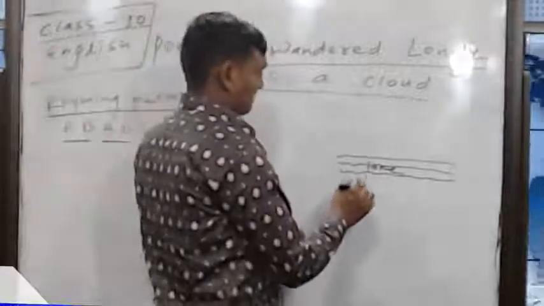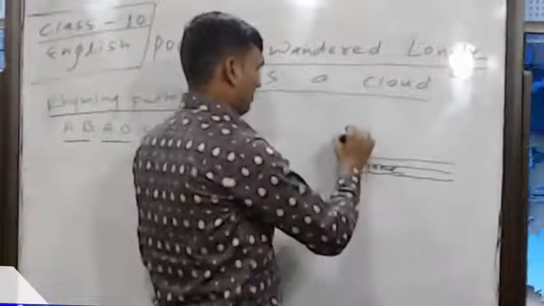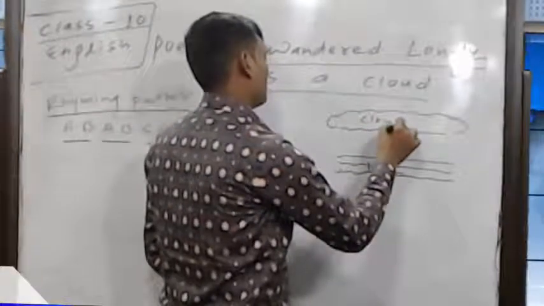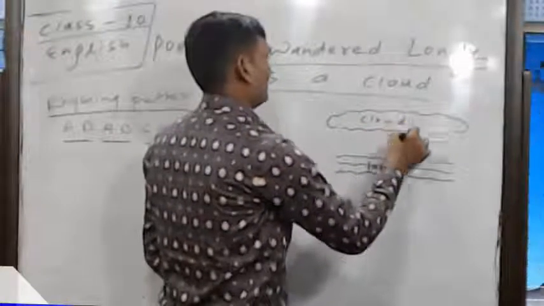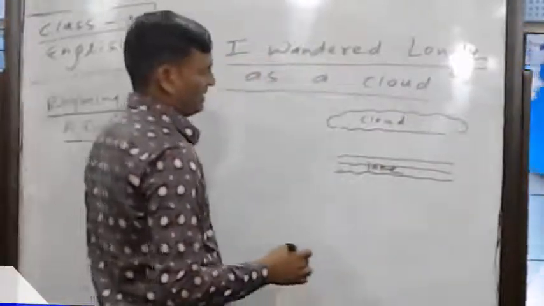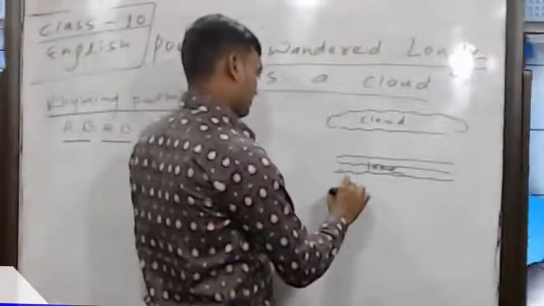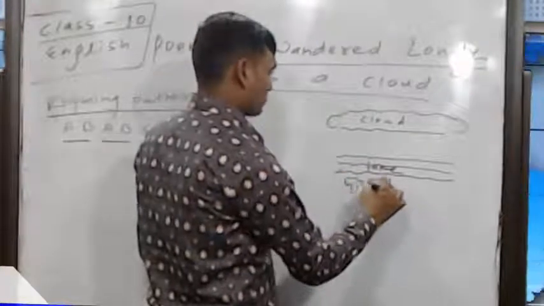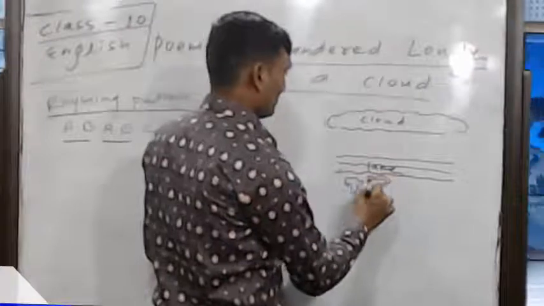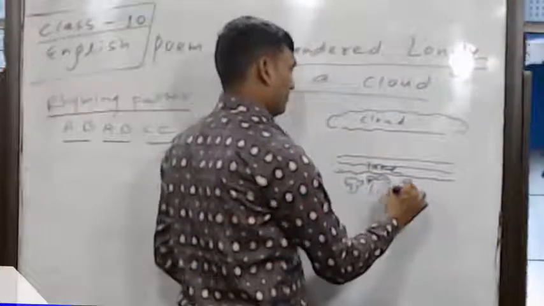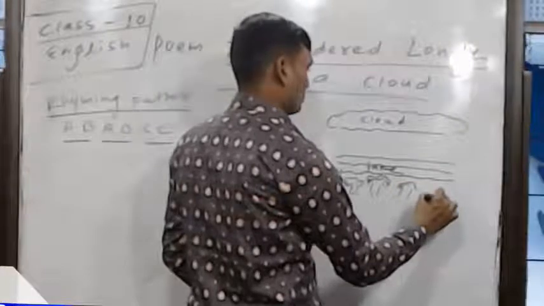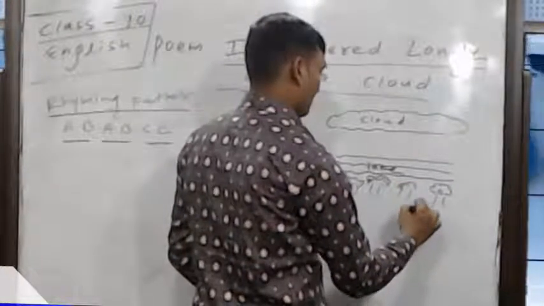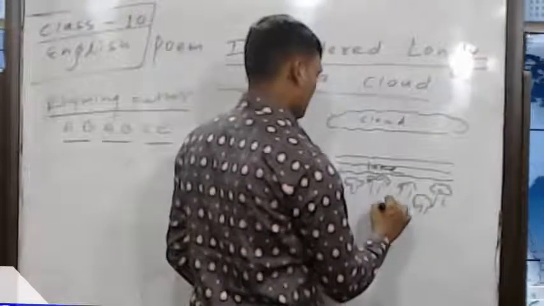Above the lake there is a cloud, and at the edge of the bay there are so many daffodils, a kind of flower.